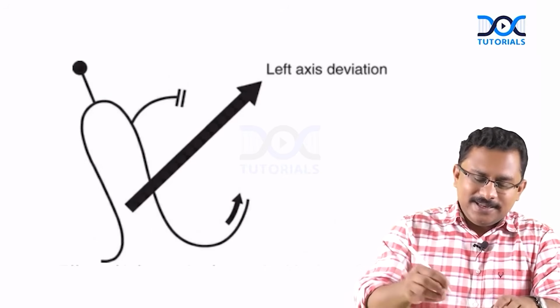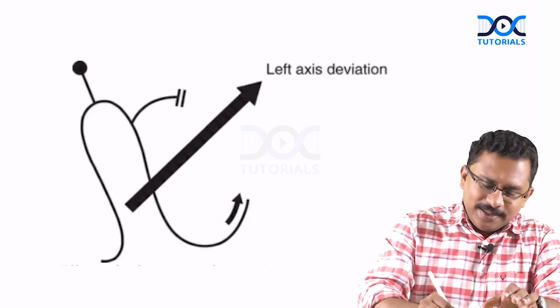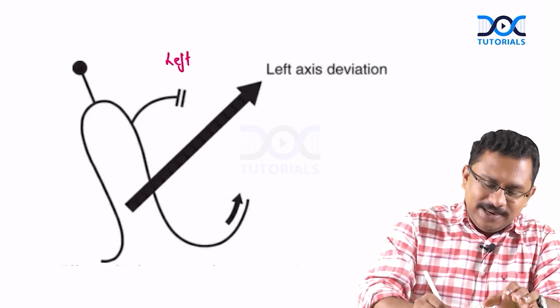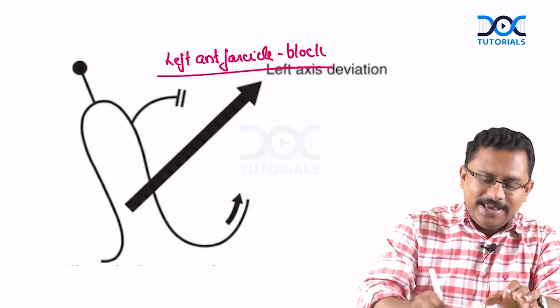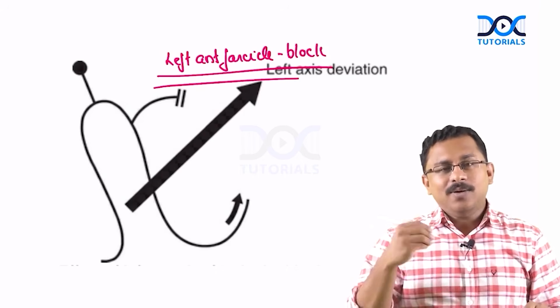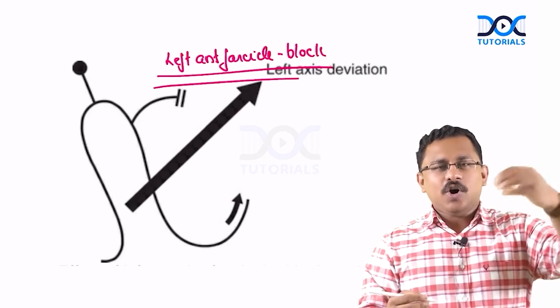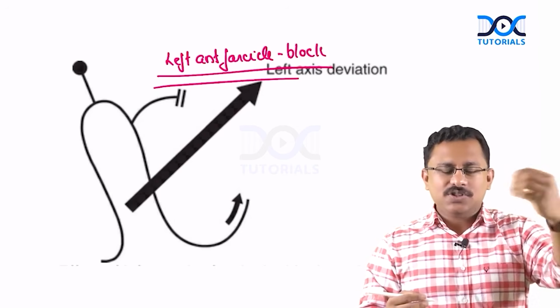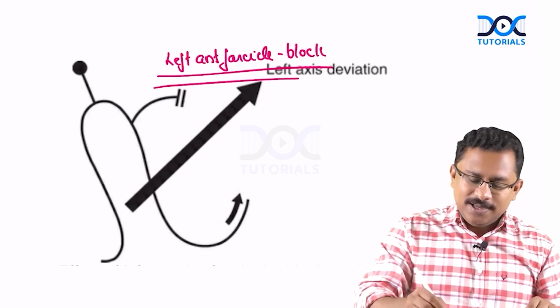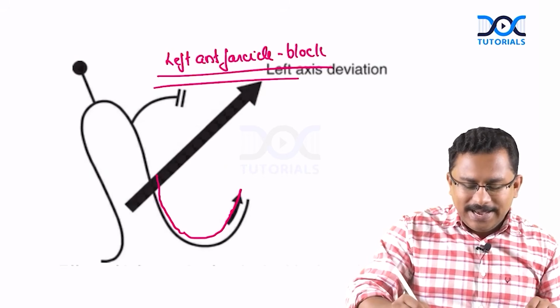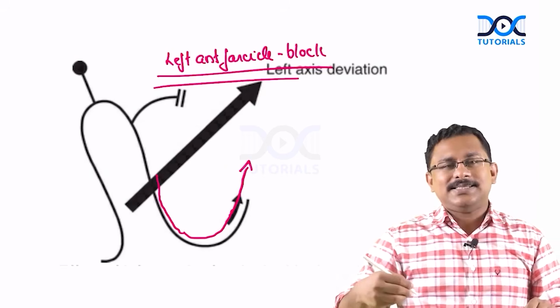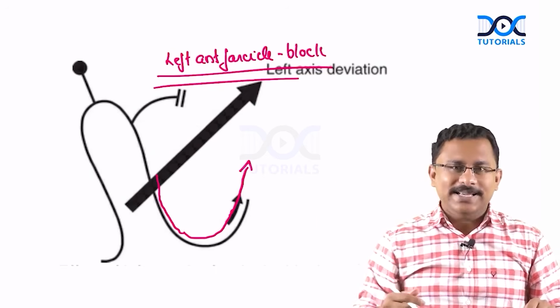But when there is a block in the conduction pathway in the left anterior fascicle, the normal spread of depolarization does not occur through the anterior fascicle. So it has to travel through the posterior fascicle, and then from the apex it has to move towards the base.